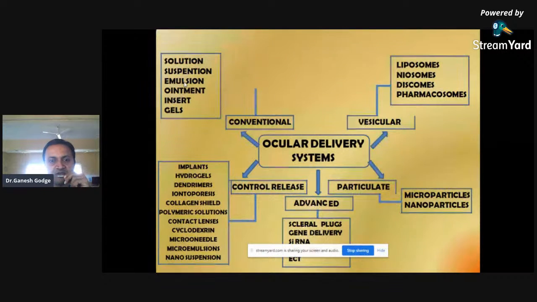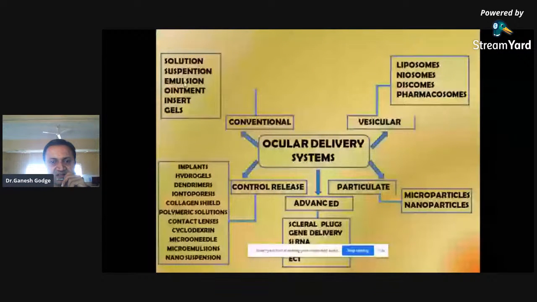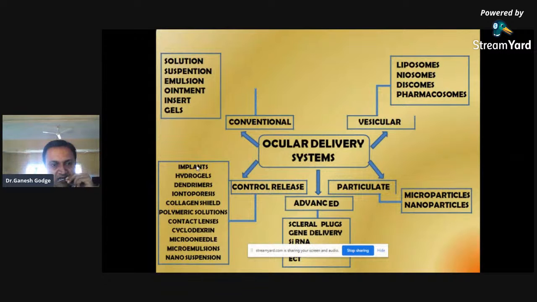Now, there are several examples of new ocular drug delivery systems, like controlled drug delivery or controlled release preparations. Controlled release preparations in case of ophthalmic products are implants and hydrogels. Hydrogels contain polymers which swell in contact with aqueous fluid, and due to that swelling, they become viscous and remain in contact with your ocular sac for a prolonged duration.